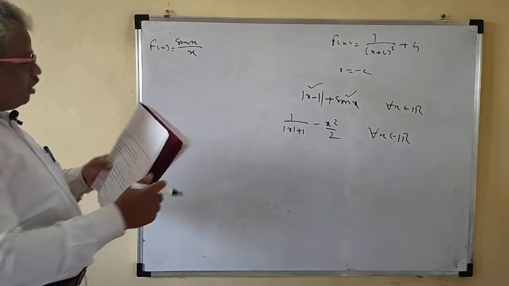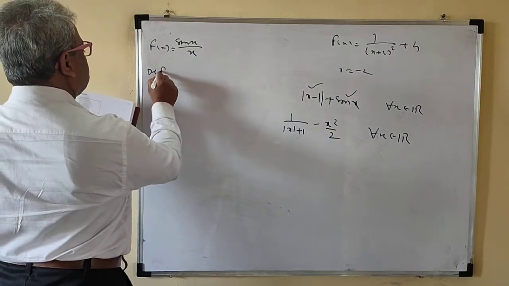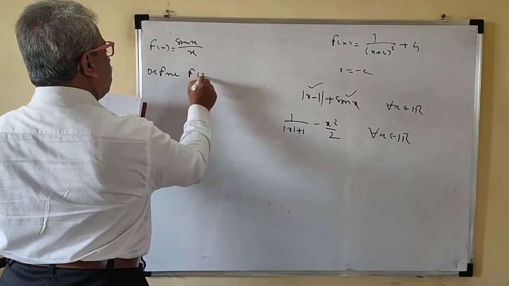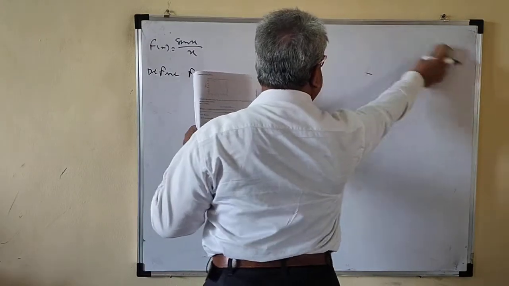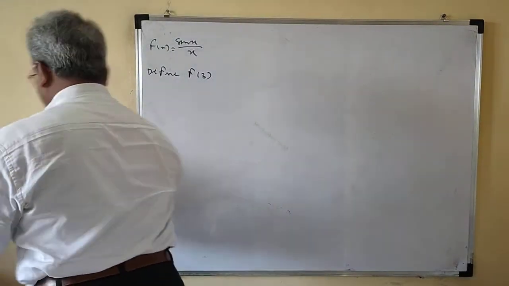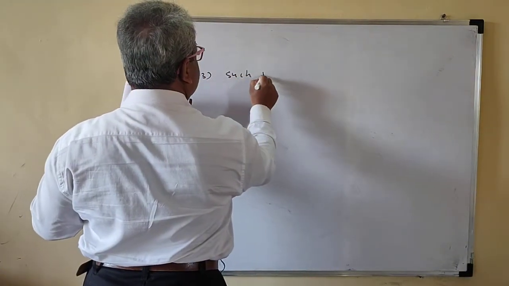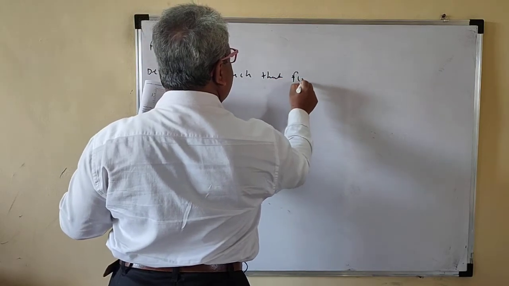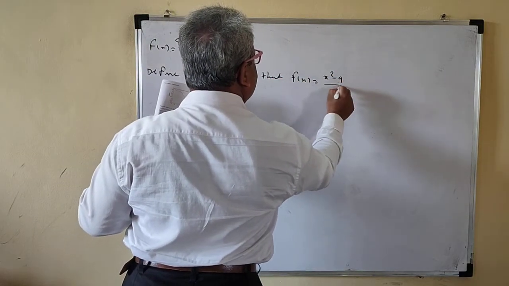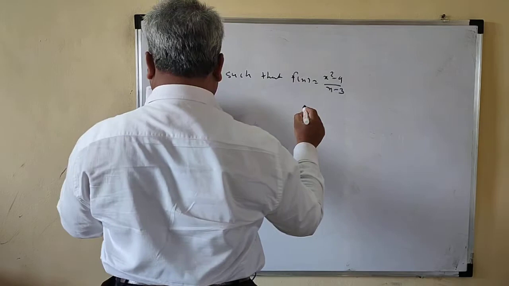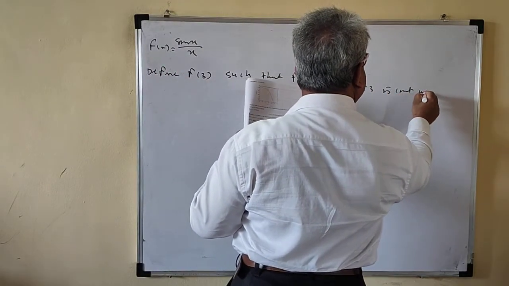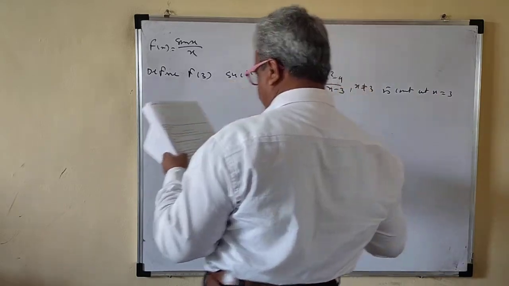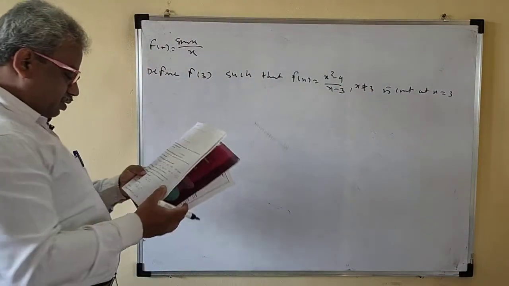Okay. Next, define f of 3 such that f of x is equal to x square minus 9 upon x minus 3, for x not equal to 3, is continuous at x equal to 3.